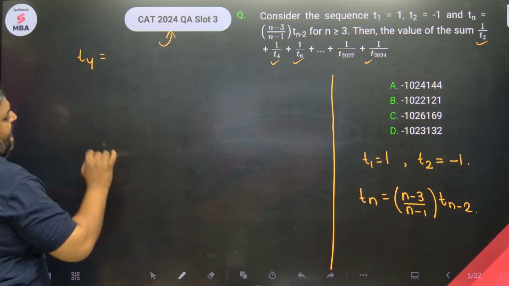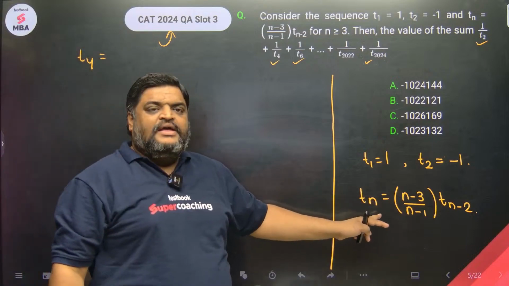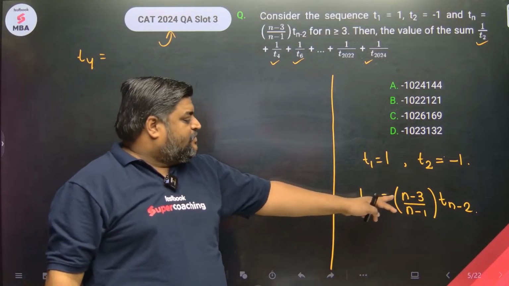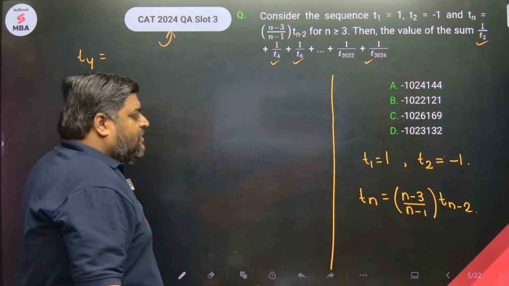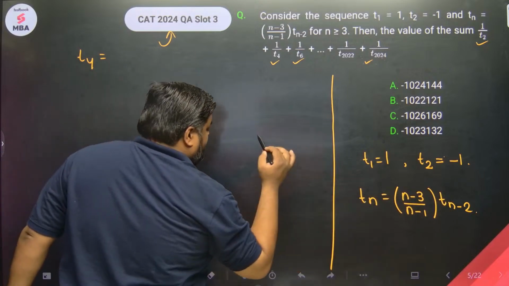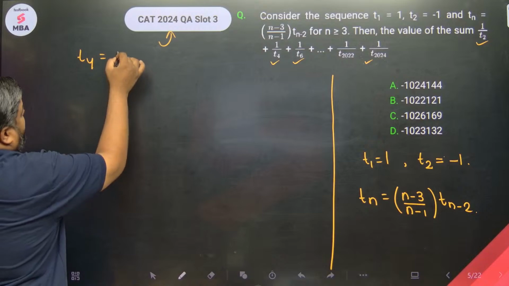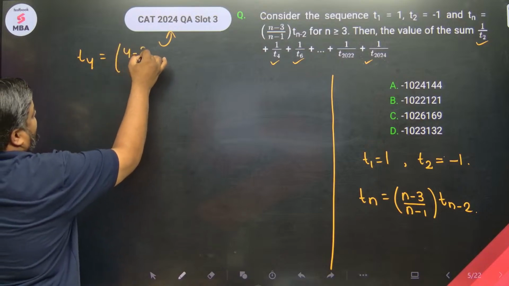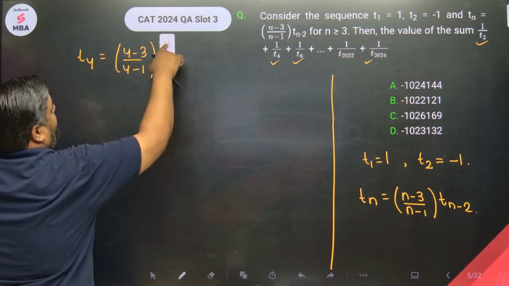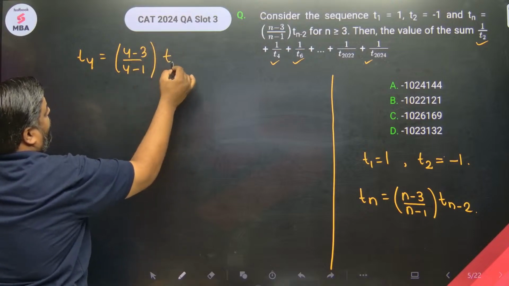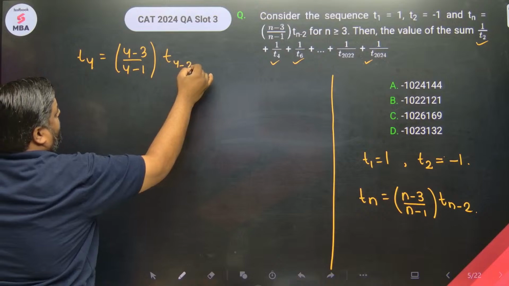What would be the T4? T4, देखो n की जगह हमने 4 रख दिया. N की जगह we kept 4. So here n is not n, this is 4, this is 4, this is 4. Put n is equal to 4. So T4 would be equal to (4 minus 3) upon (4 minus 1) times T(4 minus 2), which means T2.